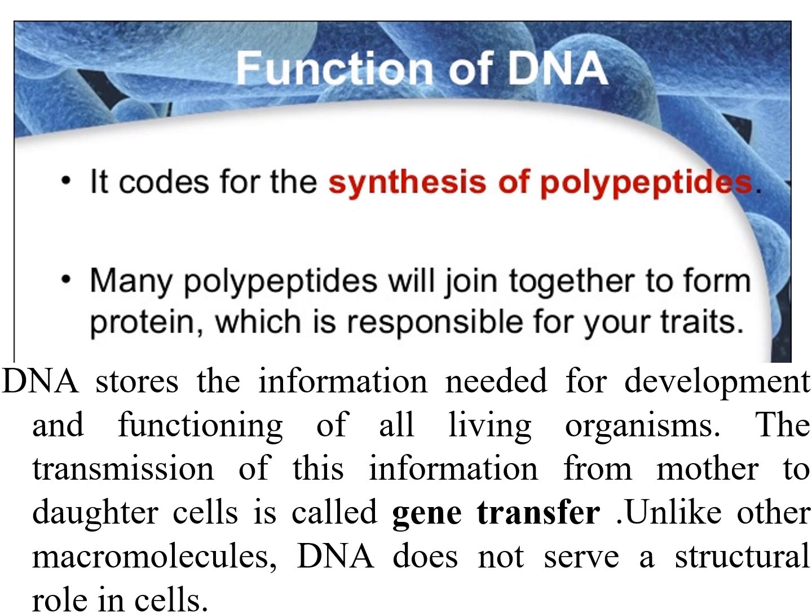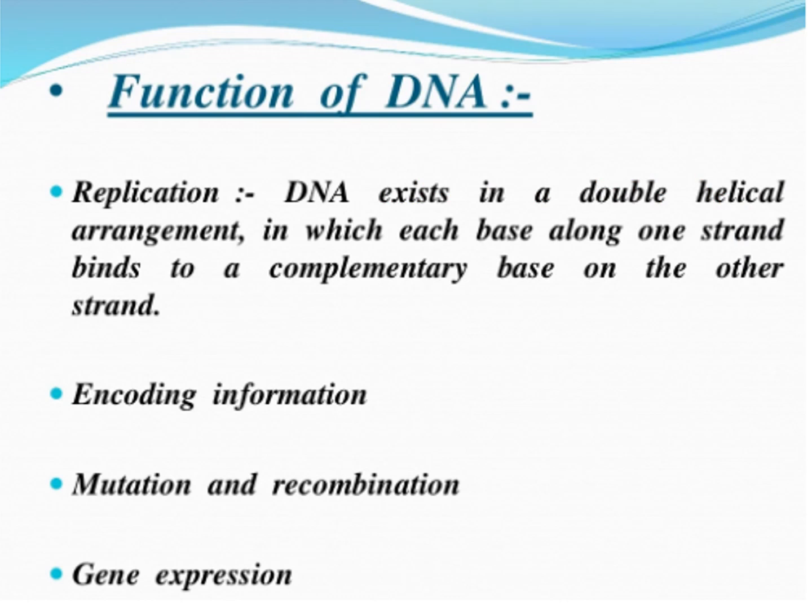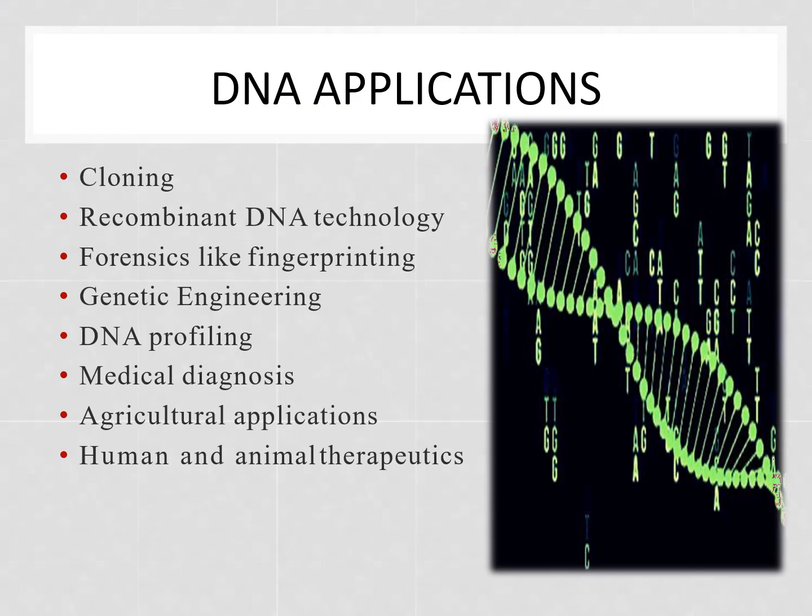Now, apart from the function of DNA, the DNA is involved in replication and mutation and recombination and other gene expression studies. So DNA has a wide range of applications.